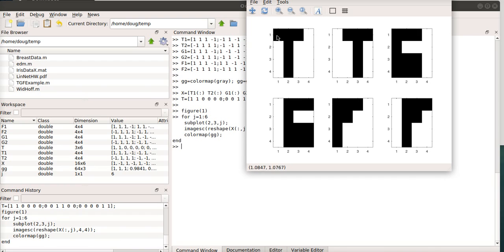Even though, if you look at these holistically, this is the letter T and this is the letter T shifted. So these two things should be close together. But with a translation like this, if you take the measure of similarity to be Euclidean distance, it's going to be awful. Okay, but that's neither here nor there for now. We may run into this issue later for other neural nets, but for now this is just our input.